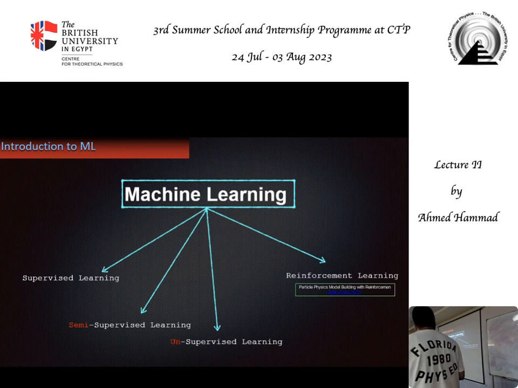For supervised learning, we need a teacher or a tutor to teach the machine about the data. For semi-supervised or unsupervised learning, there is no teacher, no tutor at all. We give the data to the model and ask the machine to find some hidden information, characteristic information, or patterns inside the data.